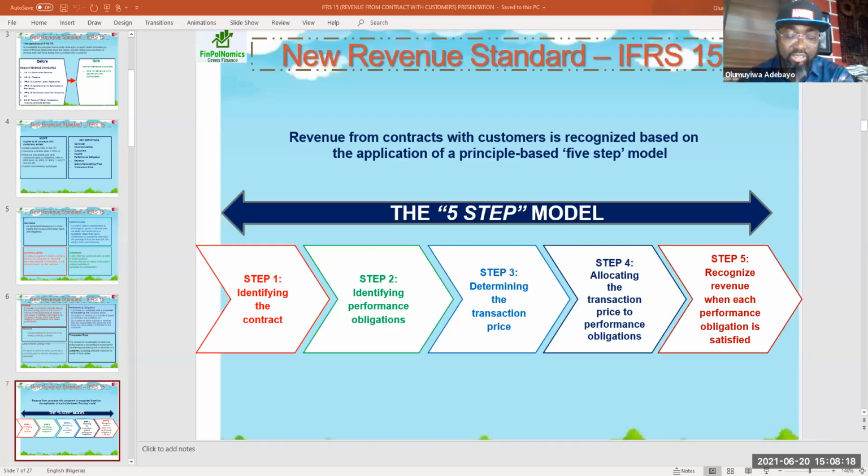Step 4 gives us guidance on allocation of the transaction price to the performance obligations as identified in step 2. And step 5 extensively provides guidance on how we recognize revenue when performance obligations are met.